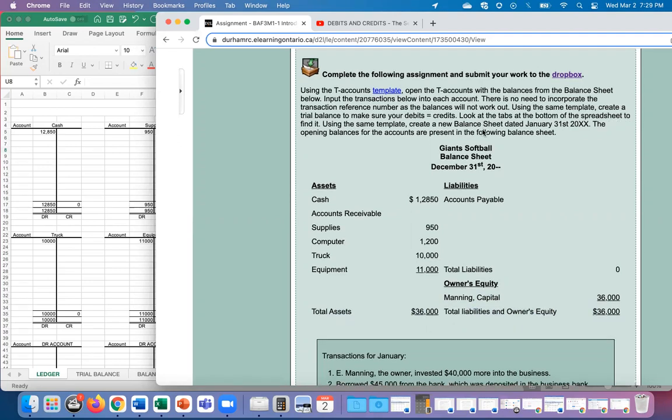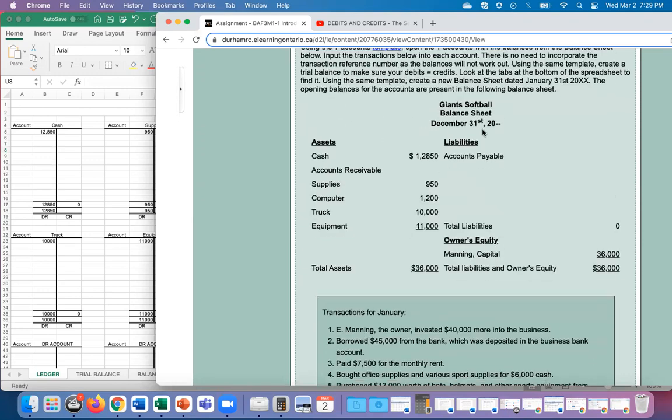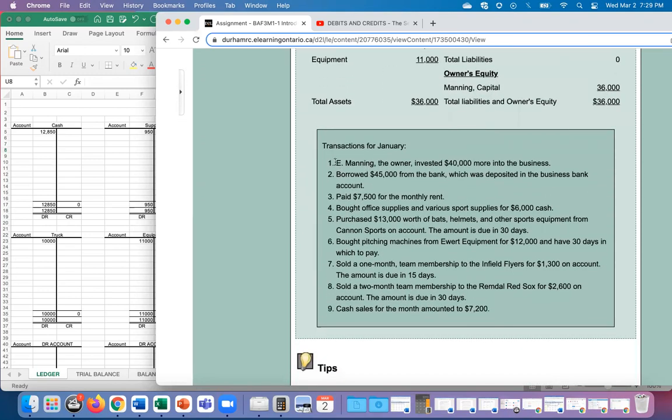The next thing that we need to do is look at this list of transactions down here in the green box. And you guys have gotten used to, through our last assignment and our last activity with the transaction analysis sheet, analyzing transactions and deciding what accounts would be affected by a transaction and also how it would be affected, either increasing or decreasing.